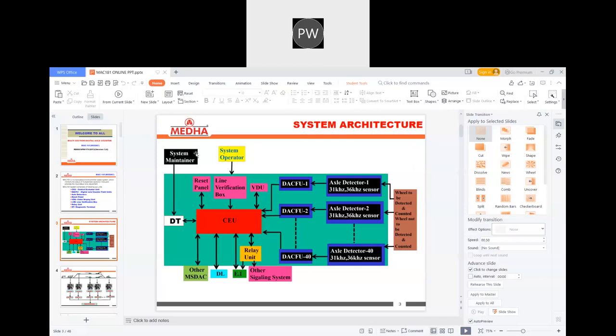On the top of the menu, there is slideshow.